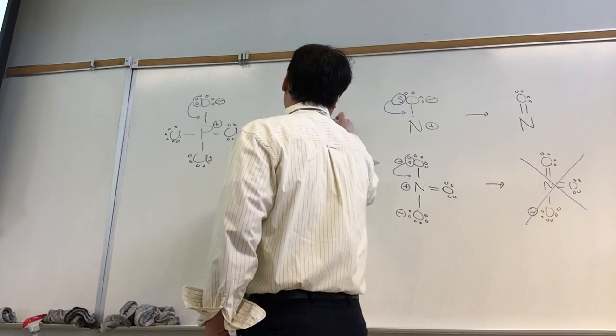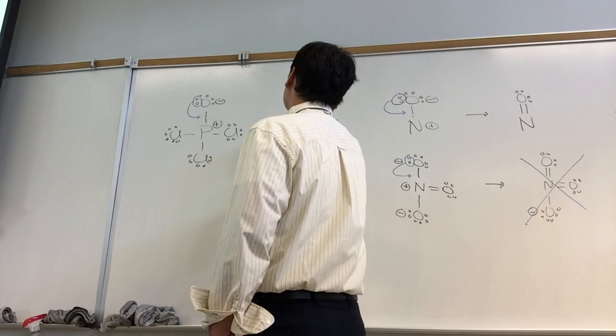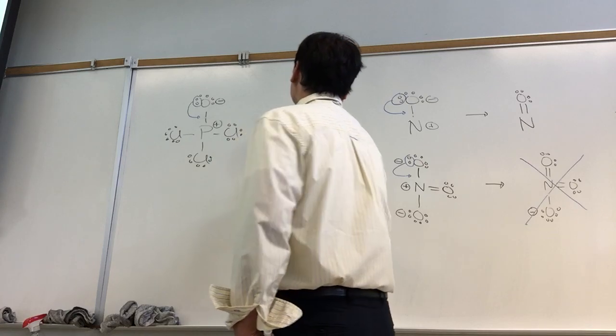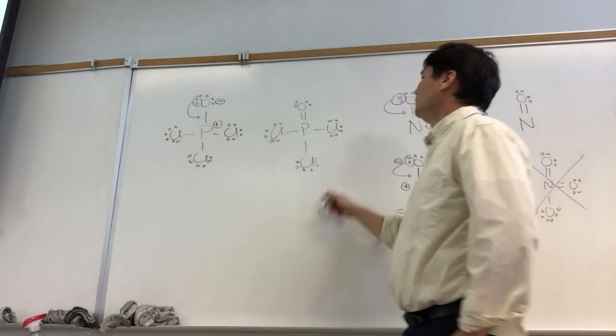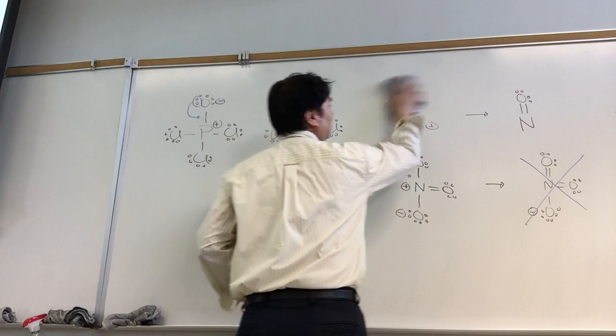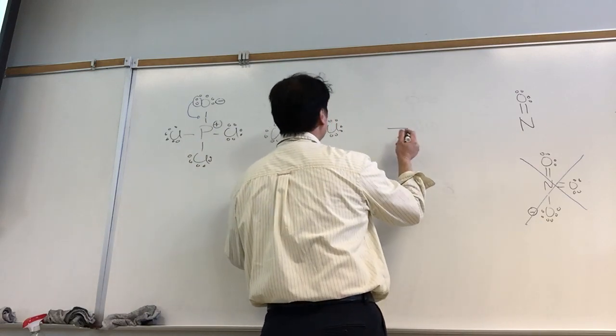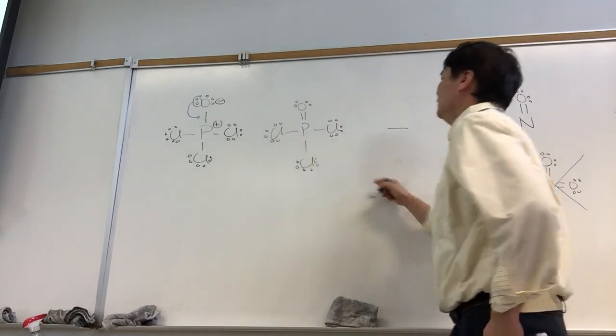You guys remember? This is yesterday. All right, so this situation is more tenable because of the energy. So what we said here is, this is going to be what hybridization?